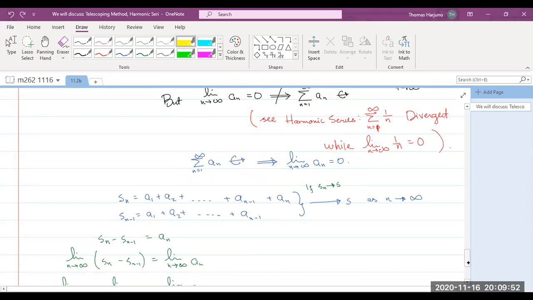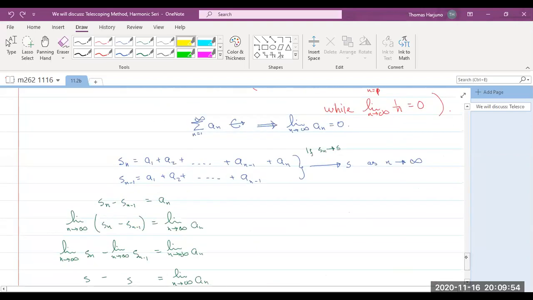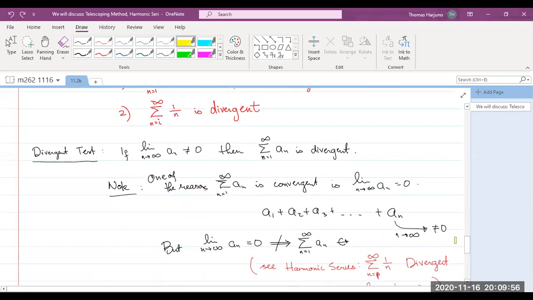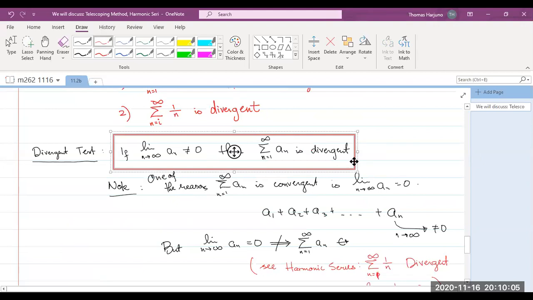So the divergence test actually says the following. If the limit of the term is not 0, then the series has to be divergent. What happens if the limit of the term is 0? Nothing can be said.